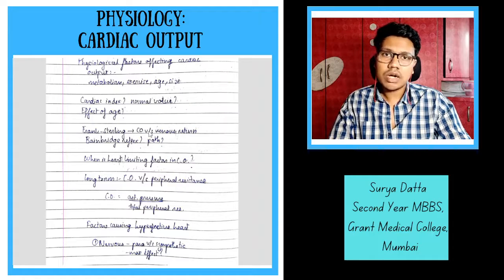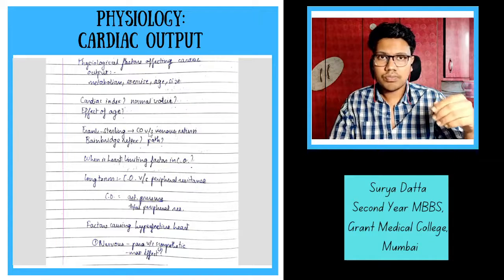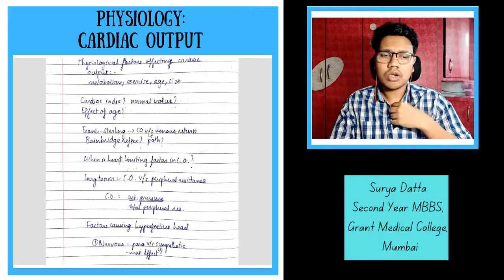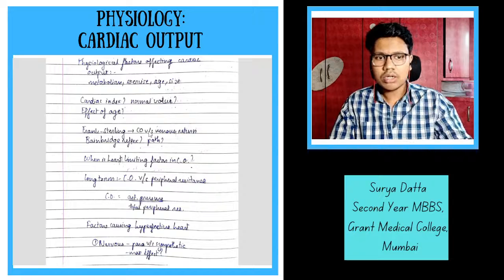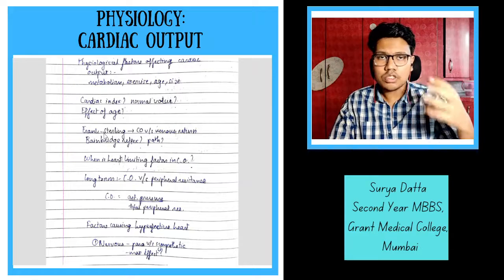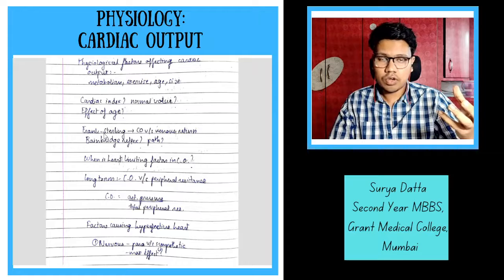Now the Frank-Starling law, we have checked this out beforehand. In my past videos, I have actually talked about the Frank-Starling law a lot. So basically, what it means is that the force of contraction of the heart is directly proportional to the end diastolic volume, right?